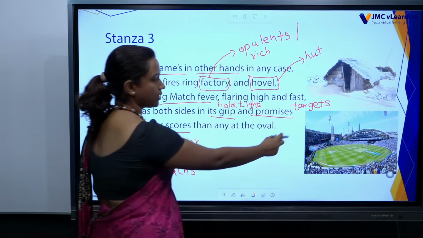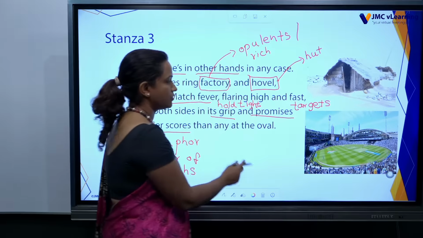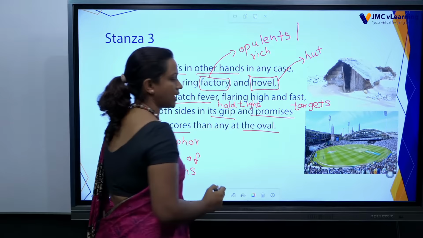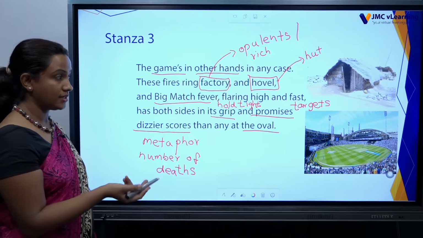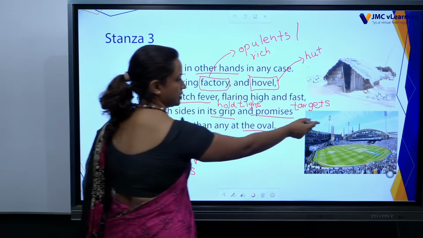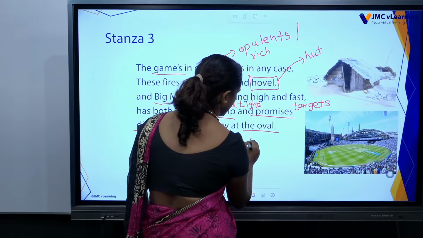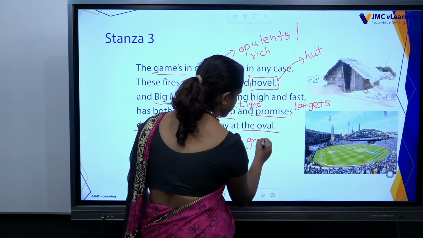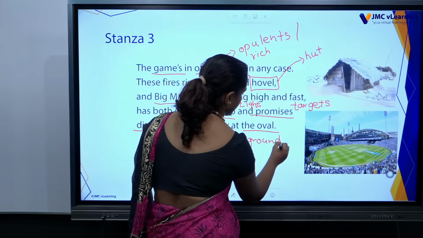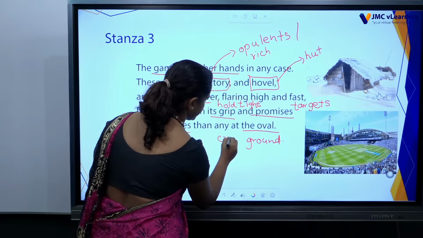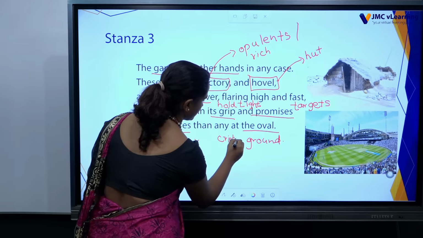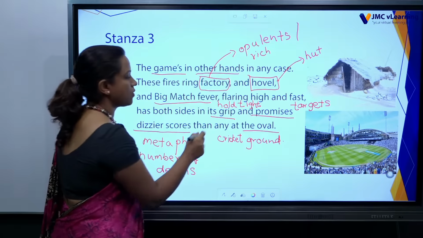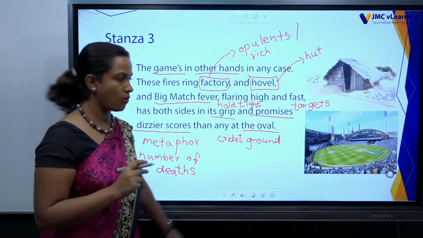Now here the oval, can you see the oval over here? So what does the oval symbolize? The cricket ground. The cricket ground is symbolized as the oval here.